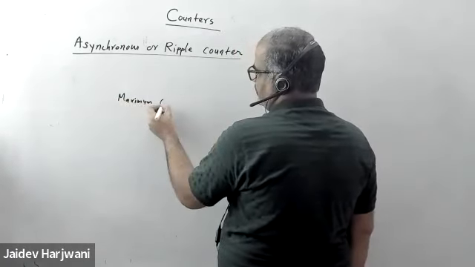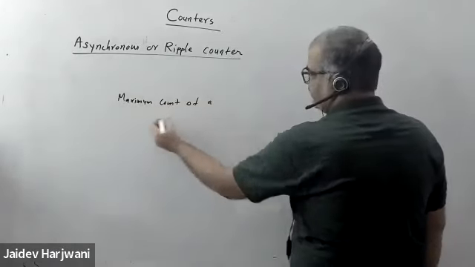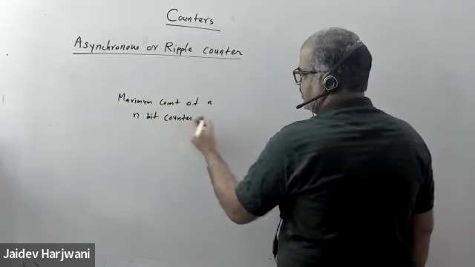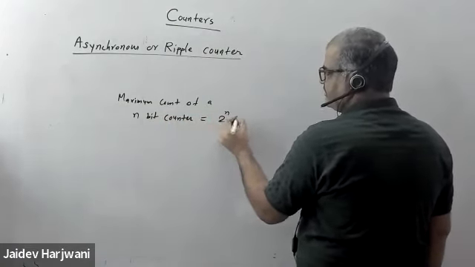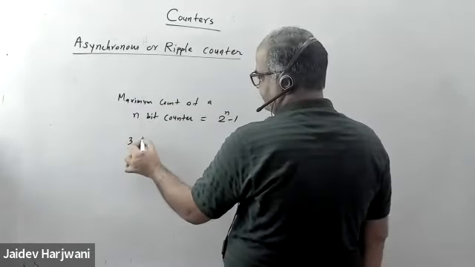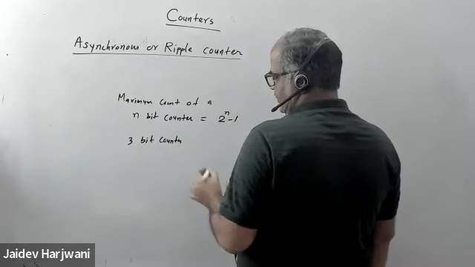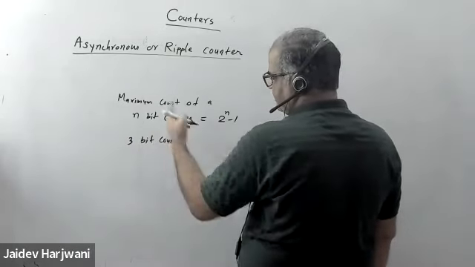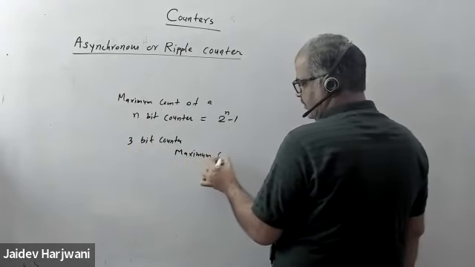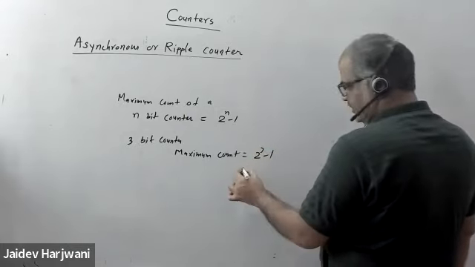So the maximum count of an n-bit counter is 2 power n minus 1. For example, for a 3-bit counter, the maximum count will be 2 power 3 minus 1, that is 7.